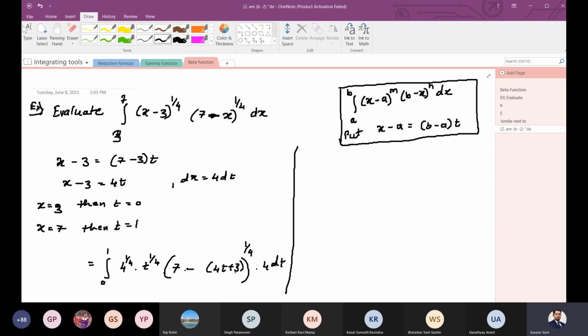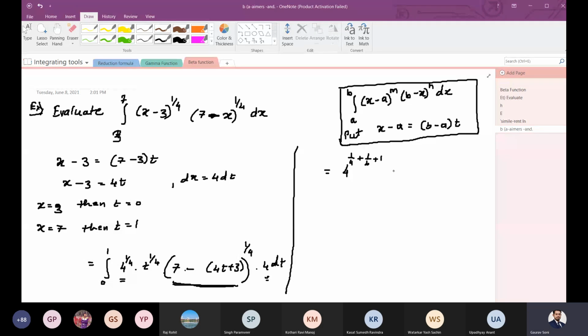You can see that 7 minus 3 will turn out to be 4, and 4 I can take common. So 4 raised to 1 by 4 plus 1 by 4 plus 1. Please check the calculation. This is 4 raised to 1 by 4, another 4 will come out of this bracket, and there is this 4.